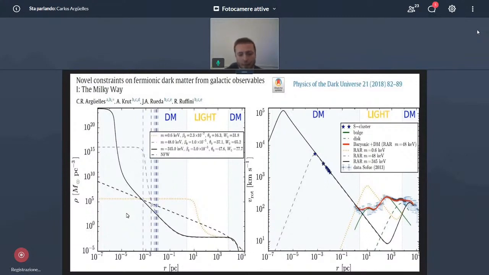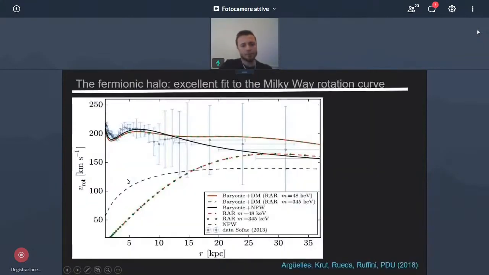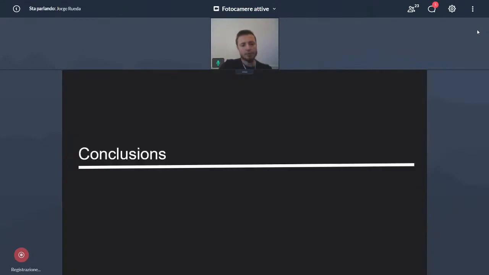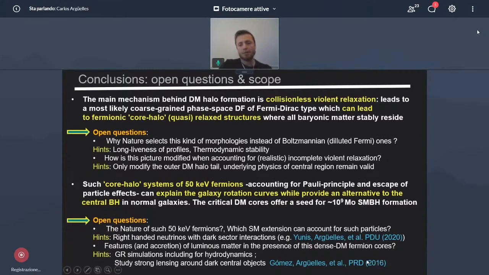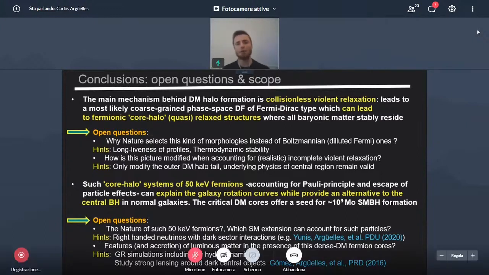And regarding the black hole shadow, well, as I told you, in this work here, PRD 2016, we have analyzed strong lensing predictions of these degenerate cores at the center, and they cast Einstein rings instead of black hole shadows.